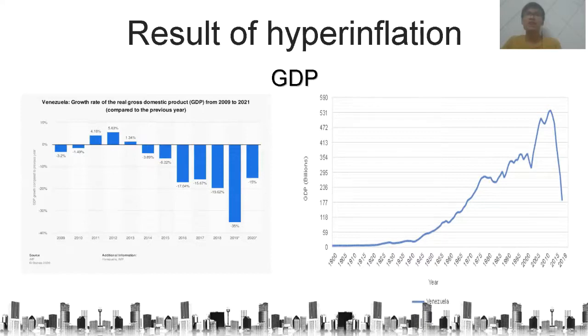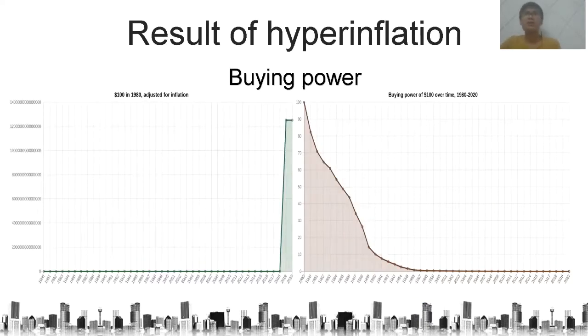So let's take another graph about the buying power of Venezuela. This chart shows calculations of buying power equivalent for $100 from 1980. For example, if you start with $100 in 1980, it could end up at roughly 20 billion dollars in 2020, in order to adjust for the inflation rate.